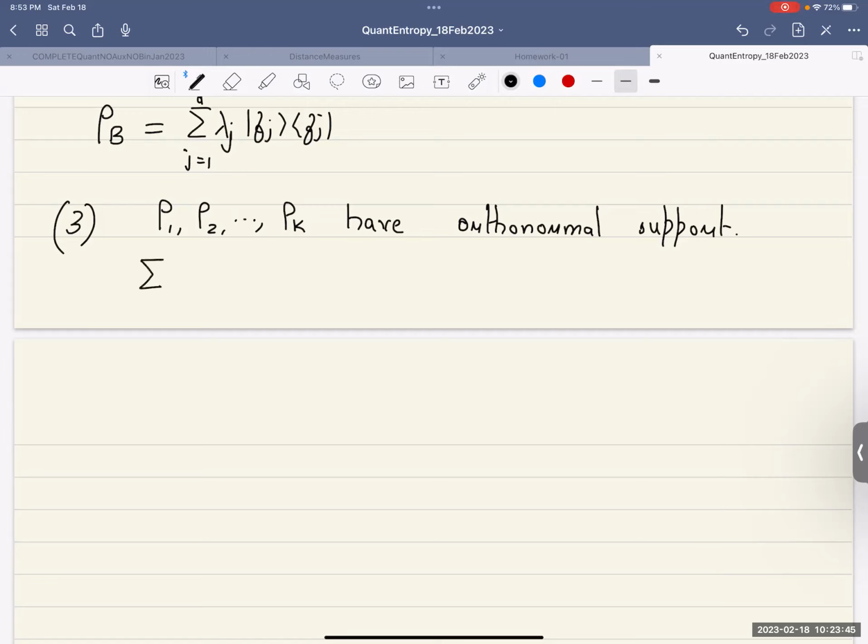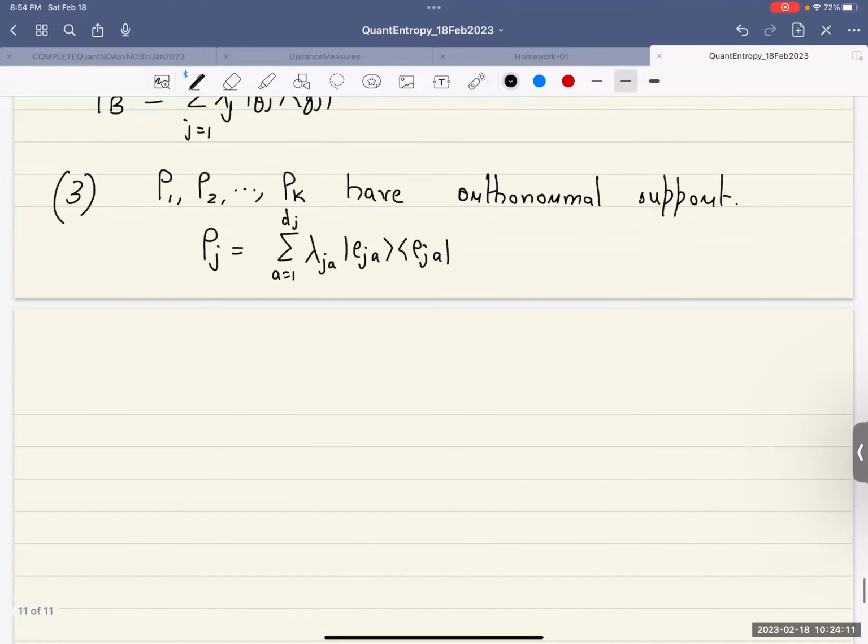Summation p_k rho_k, I claim, has a spectral decomposition. So let me do rho_j. Let's say rho_j is sum over a equal to 1 to d_j of lambda_ja e_ja e_ja.